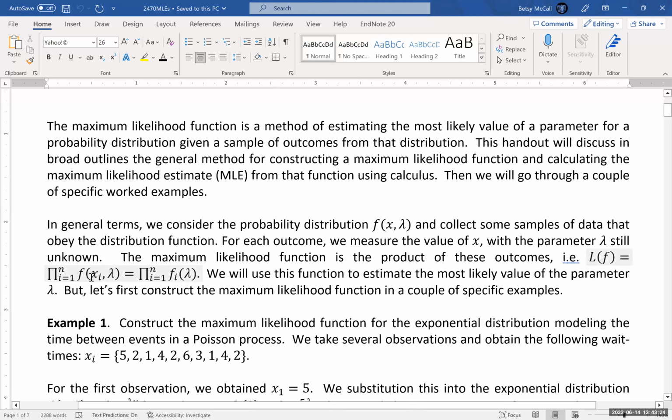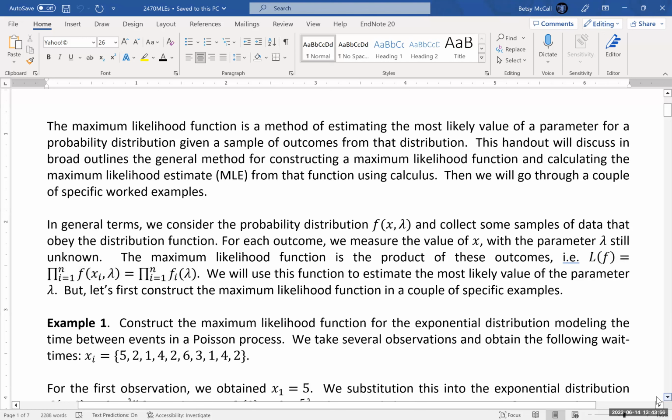We're multiplying the probability distribution with our observation values filled in, and then our unknown lambda. We could call it lambda in our particular example, or this is a stand-in for any parameter that we happen to be using. And then again, these X values are filled in, and so sometimes you'll just see it as F sub i of lambda instead of F of X sub i comma lambda.